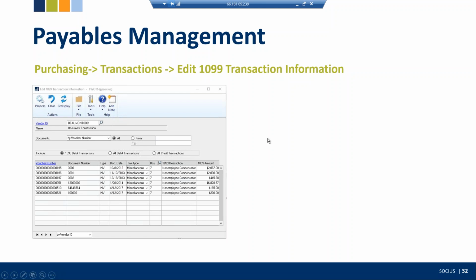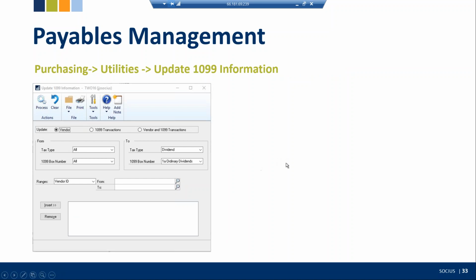So we do have some flexibility there, as well as being able to update 1099 information here. This allows me to do things like a bulk change. So if there is a set of vendors that I didn't set up as 1099, and I wanted to, I could do that, etc. So I do have quite a bit of flexibility between those two windows to make sure that my 1099 information is correct prior to printing the 1099s.